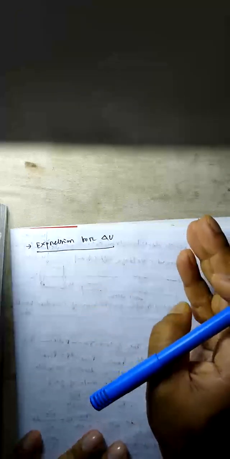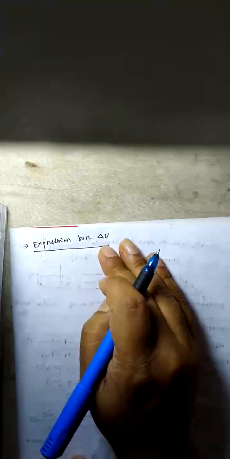It is the total energy possessed by the system due to rotational, vibrational, translational, electronic, nuclear, kinetic and potential energy, and so on. All energy we have to mix. That energy may or may not be available for conversion into heat, but the total energy is called the internal energy. Now how do we express this internal energy?